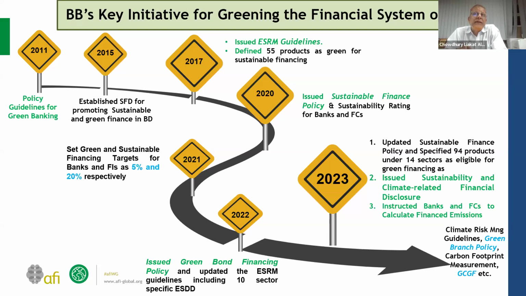Out of the 230 billion US dollars, they expected 10 to 20% from the private sector. That's why, for better engagement of the private sector in promoting sustainable finance and green finance, we again revisited our sustainable finance policy, and also aligned it with our National Adaptation Plan.